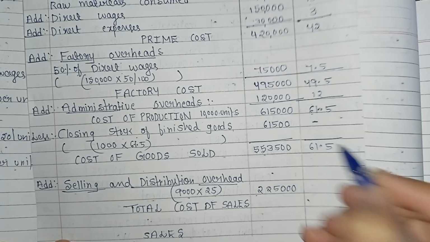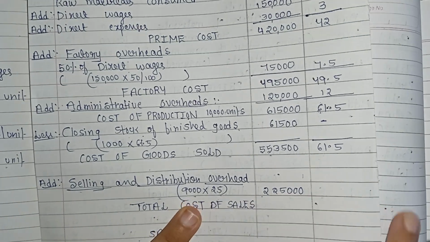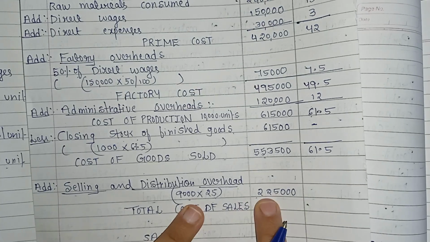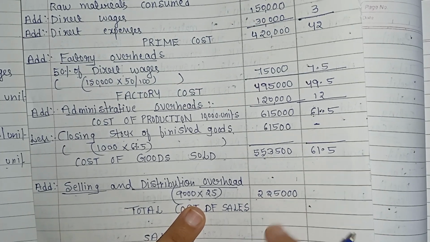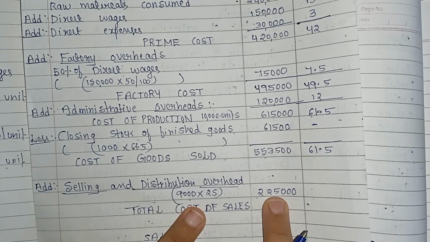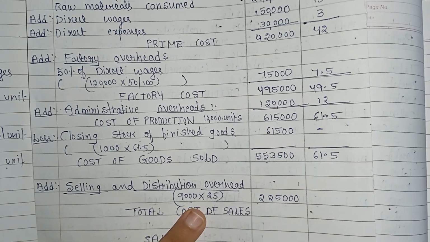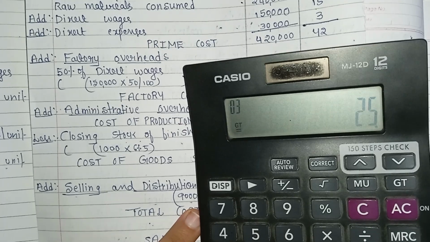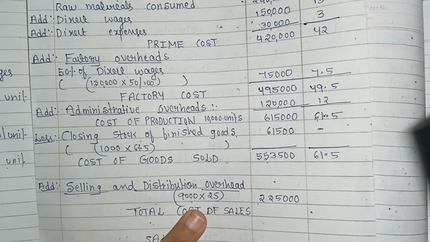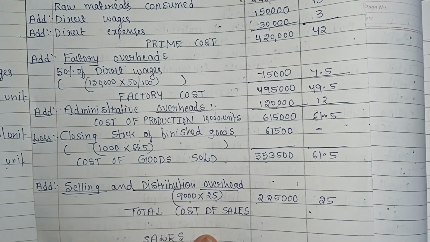To check the rate, we divide 2,25,000 by 10,000 or 9,000. Here we have to take 9,000, because selling and distribution overheads are rupees 25 per unit sold. So 2,25,000 divided by 9,000 equals rupees 25.